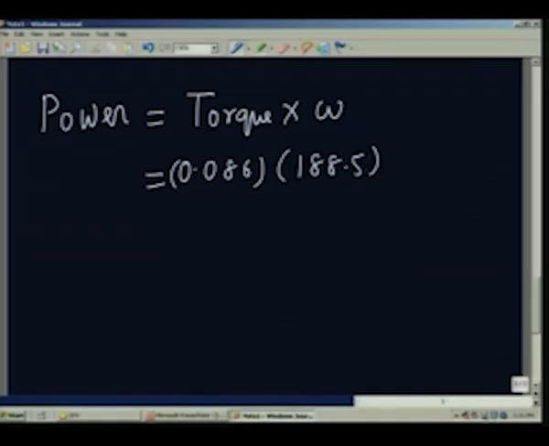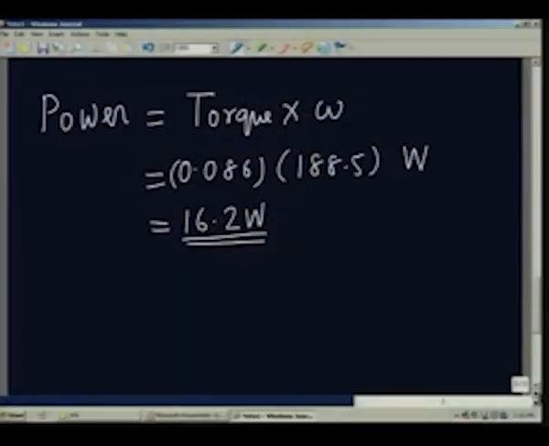So, it will be Newton meter per second, which is nothing but watts, and this comes to 16.2 watts. So, in the case of a viscometer having linseed oil in the gap, it requires about 16.2 watts, or so much power is dissipated because of the friction, because of viscosity of the fluid, and I am rotating it at 1800 rpm.